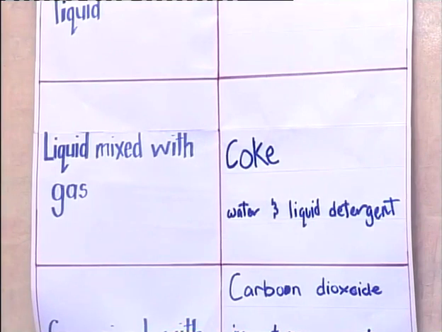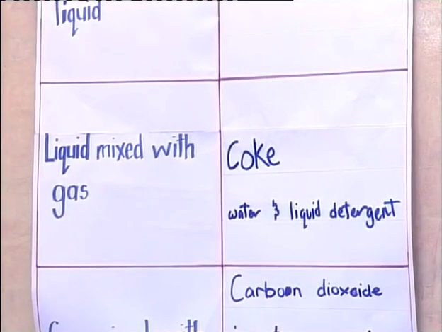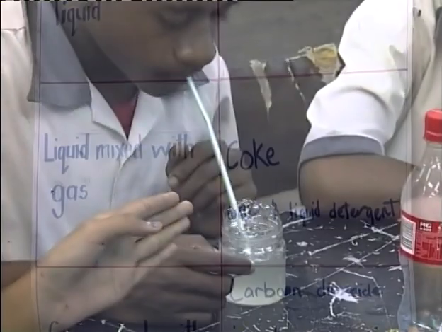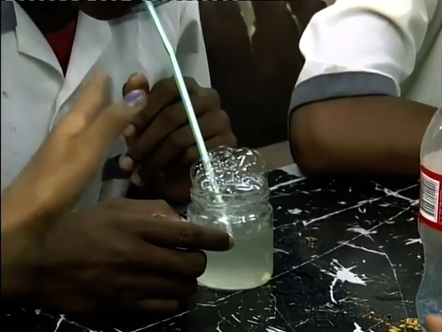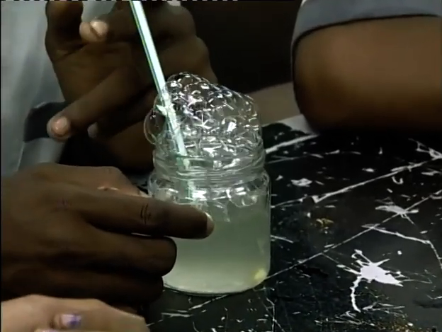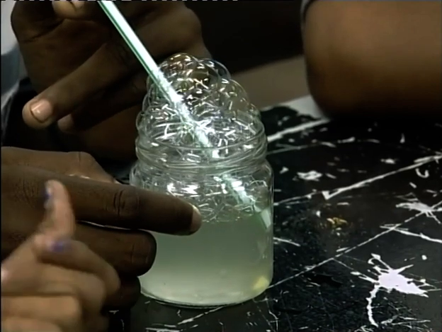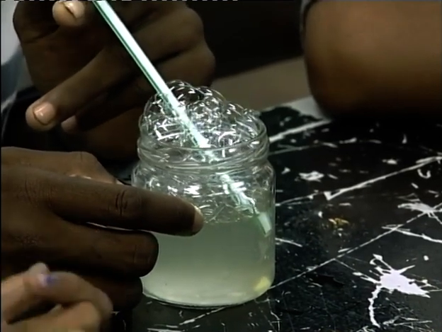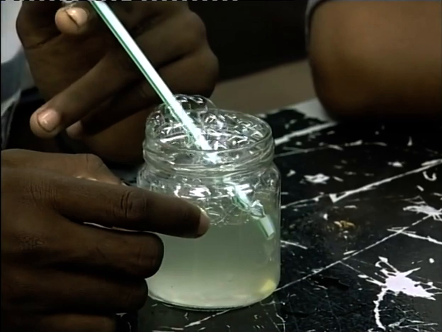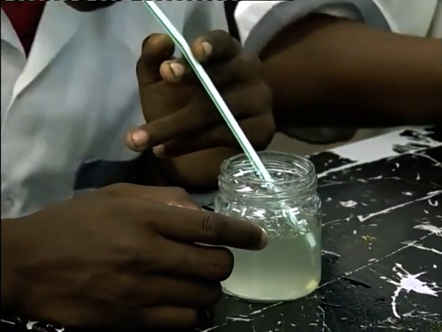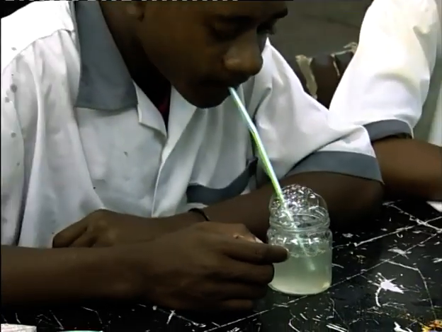We mix the detergent with the water. Right? They mixed detergent with the water and Allen blew through. So where did the gas come from? Okay, from the person who blew the air into the water.